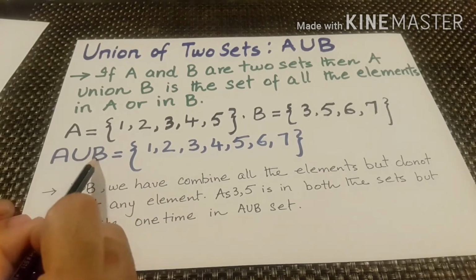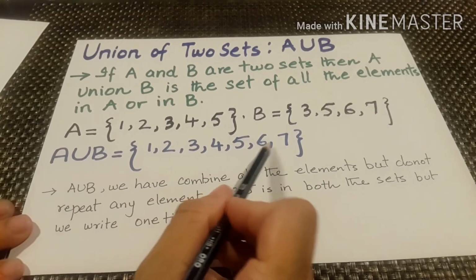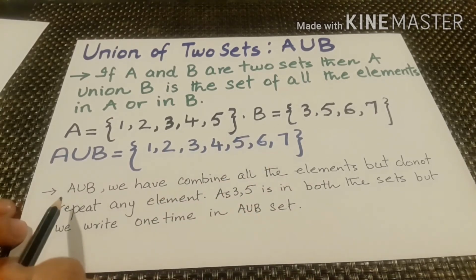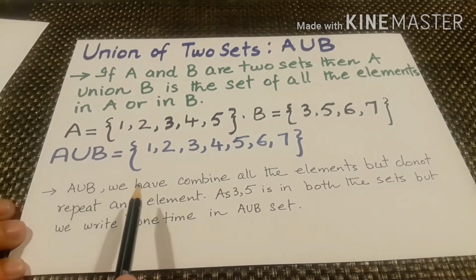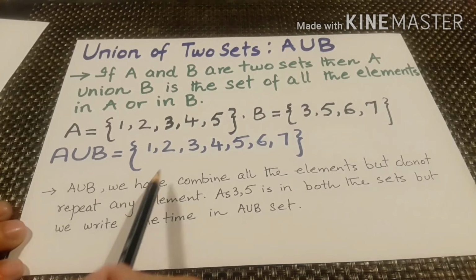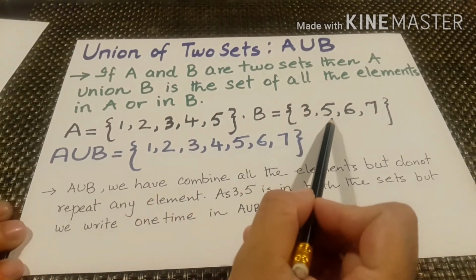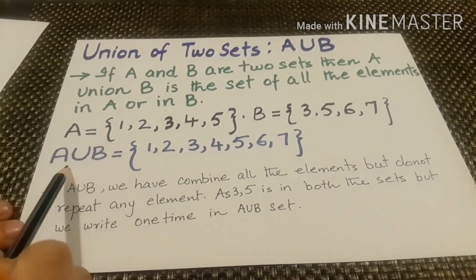Now A union B is equal to 1, 2, 3, 4, 5, 6, 7. Now what we have done in A union B is combine all the elements but not repeat any element. We can see that 3 and 5 are in both the sets, but we write them one time in the A union B set.